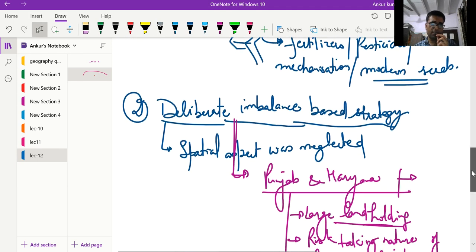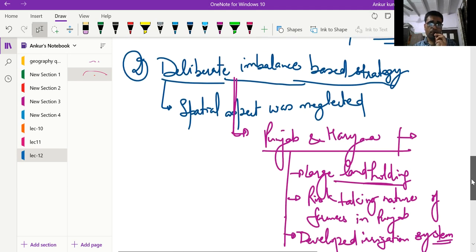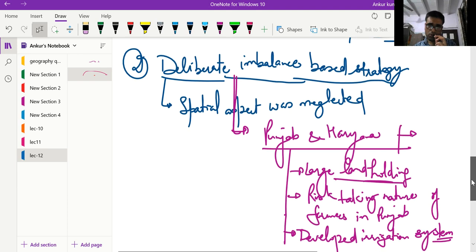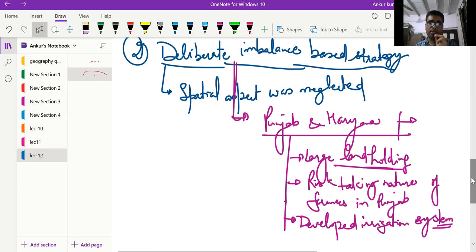Second was the deliberate imbalance based strategy. That means we implemented the green revolution program first in the Punjab Haryana region very intensively.